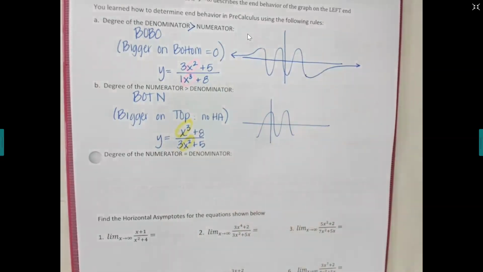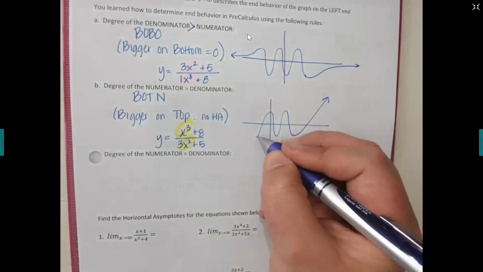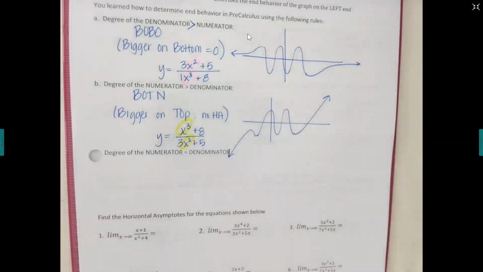And then remember that if your graph doesn't have an asymptote, that means it can't flatten out. So maybe one end is pointed up and maybe the other end is pointed down. For a no asymptote graph, your ends have to be up or down. They can't be flattening. And that will happen anytime that the top power is bigger than the bottom power.